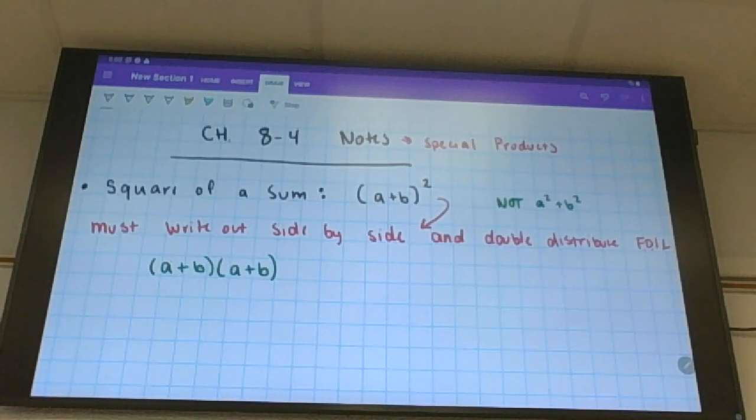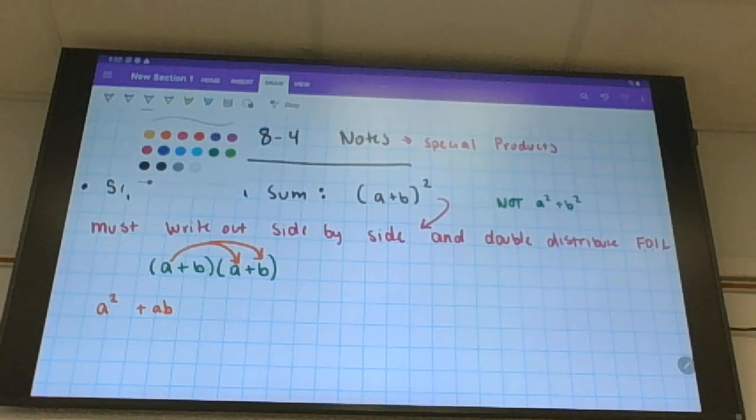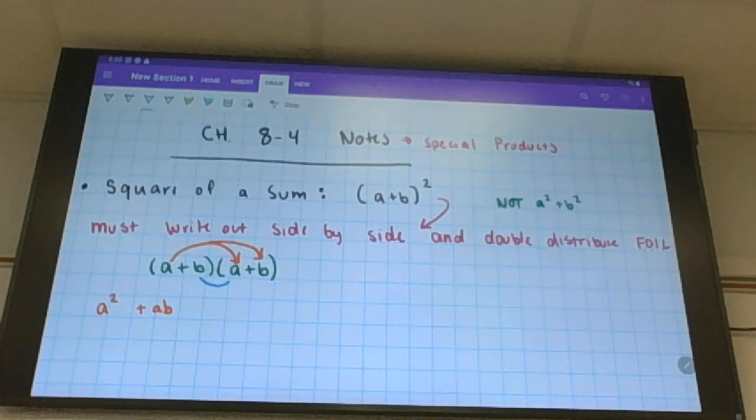So I would do a times a to get a squared. I'm going to FOIL more quickly now. I'm going to do the outer terms, which is a times b. And then I'm going to do the inner terms, which is, I'm going to write a first again, a times b.